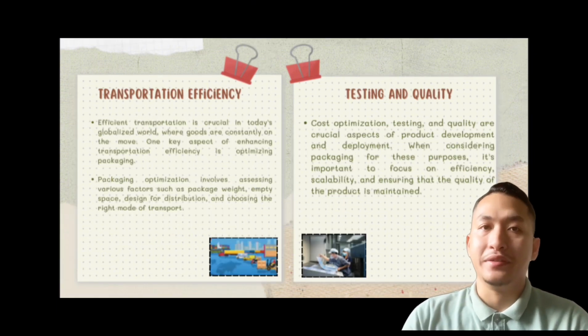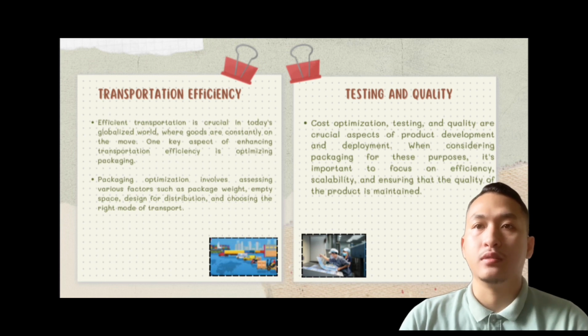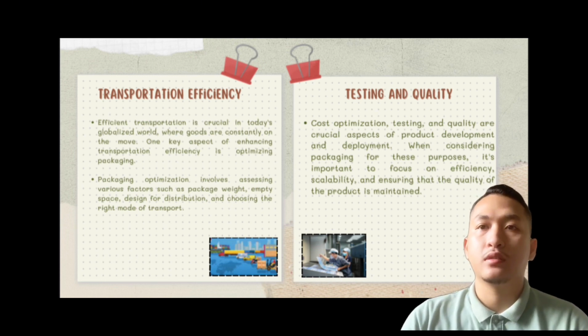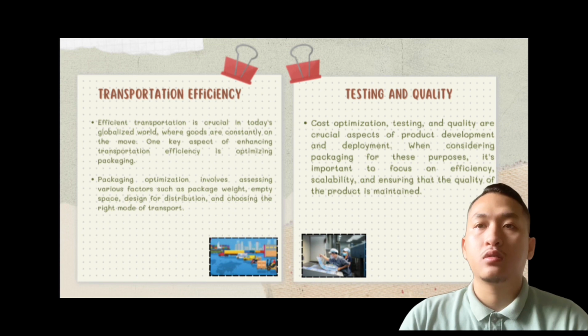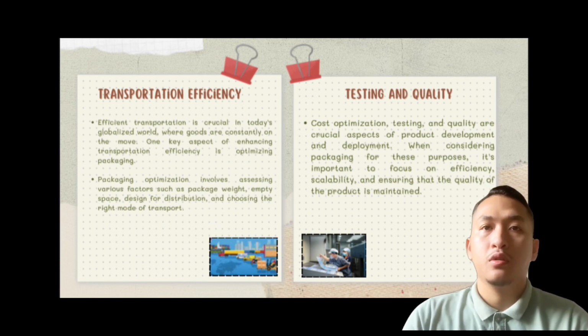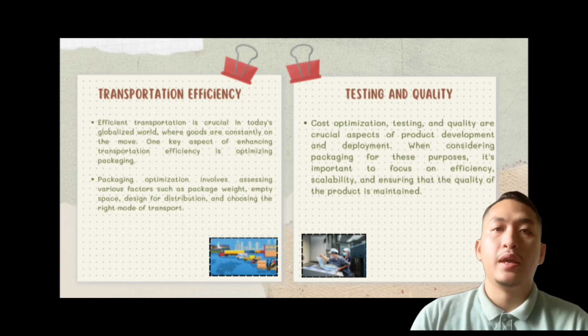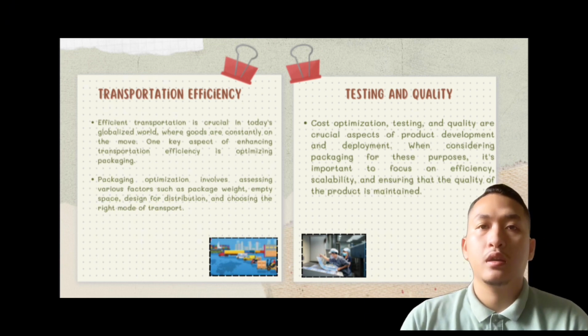The next slide is transportation efficiency. Transportation efficiency is crucial in today's globalized world, where goods are constantly on the move. One key aspect of enhancing transportation efficiency is optimized packaging.